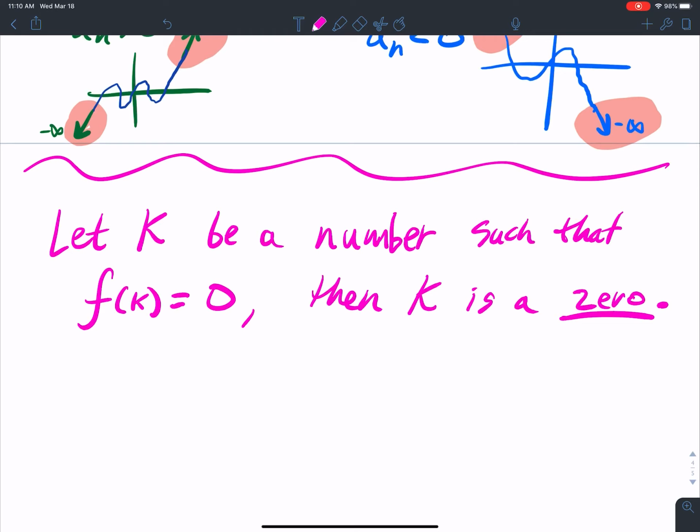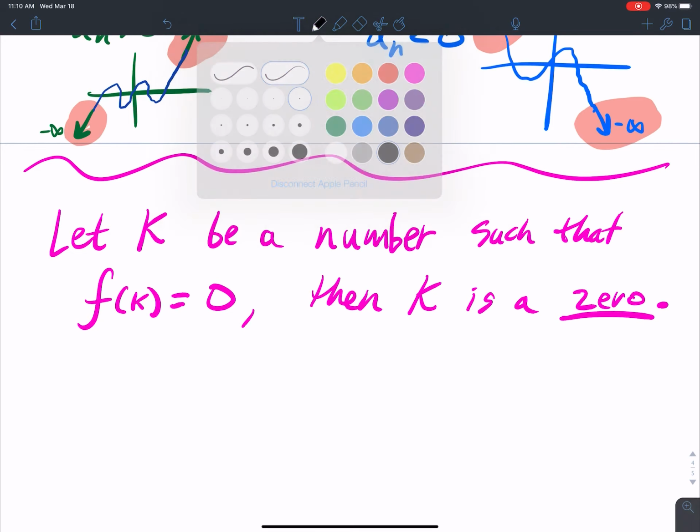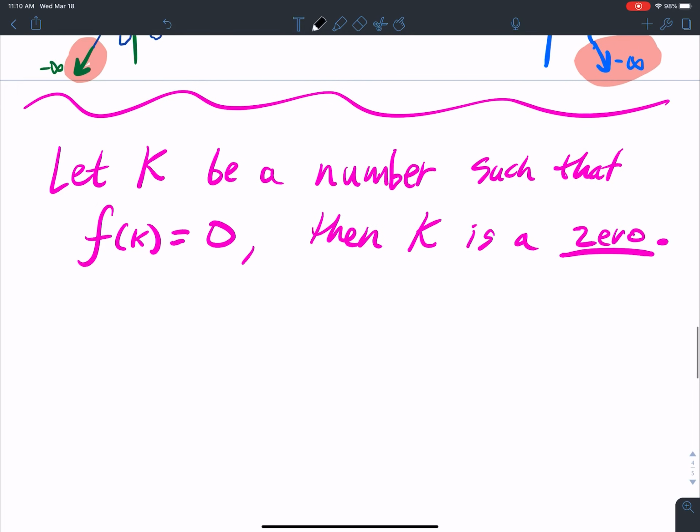So if you're ever asked to find a 0, basically you're trying to find a number that when you plug it in, the output is going to be 0. Okay, it's a root. 0 is a root, solution, etc., etc., etc., to an equation.